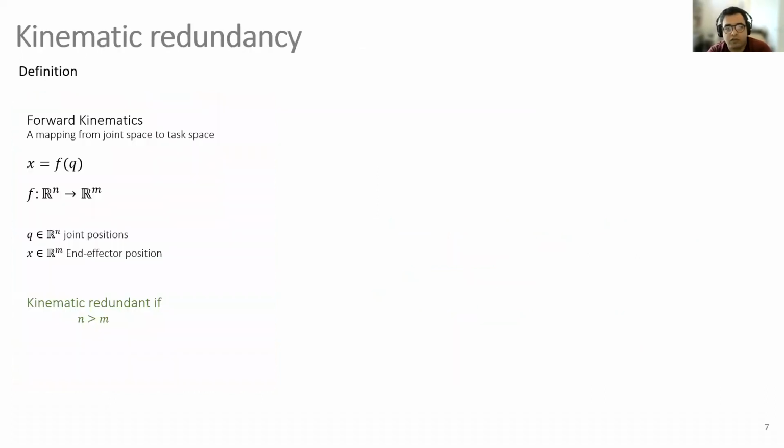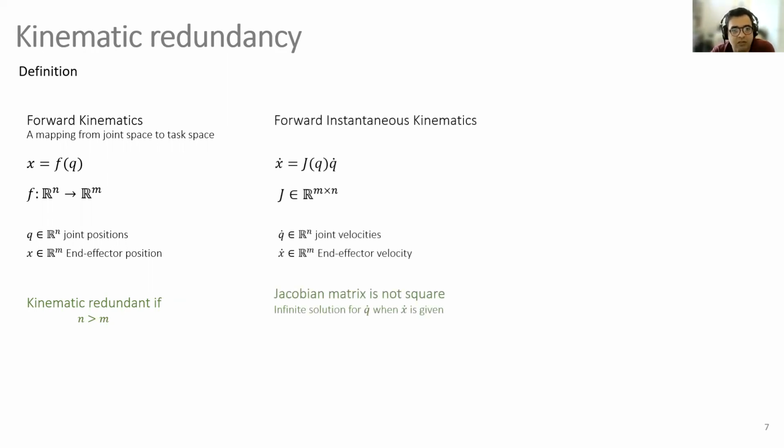Before starting, just a bit of notation. We have the forward kinematics as we know it, the mapping from n dimensions of the joints to m dimensions of the task. If we have more joints than the end effector's, for example, position dimensions, then we say we're dealing with a kinematic redundancy.